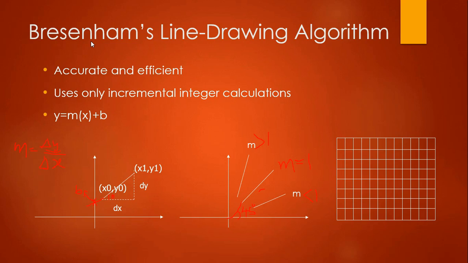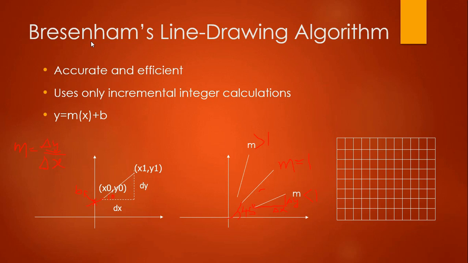Understand that. Suppose x increments more in number, then delta x will be more. Delta x value will be more than delta y.